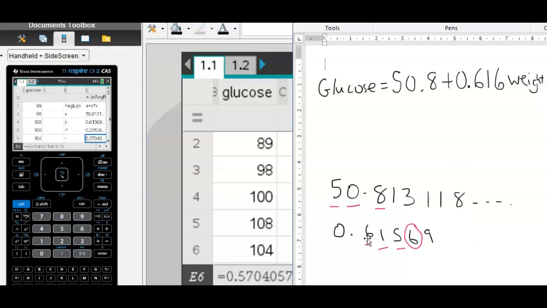0.570. Now, to three significant figures, you need to include that 0 on the end, okay? Because remember, we don't count any leading zeros, but we do count the zeros on the end.